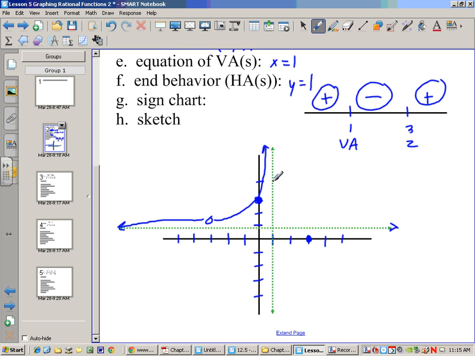Now, just to the right of this, we can either start at the top or it can start at the bottom. Since it's negative, it has to start at the bottom. And it keeps going until it gets to 3. And at 3, it says it's going to be positive, but we also know it's going to tend towards this line. So we can draw our rational function to look like that.